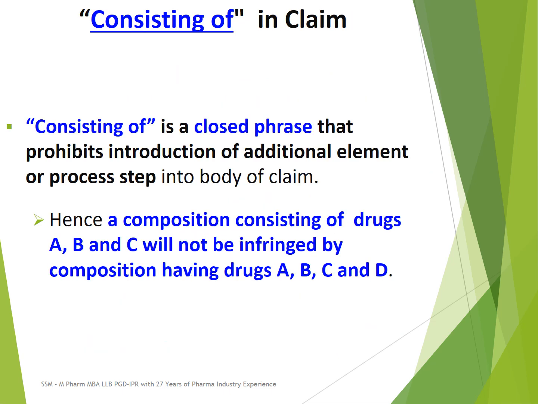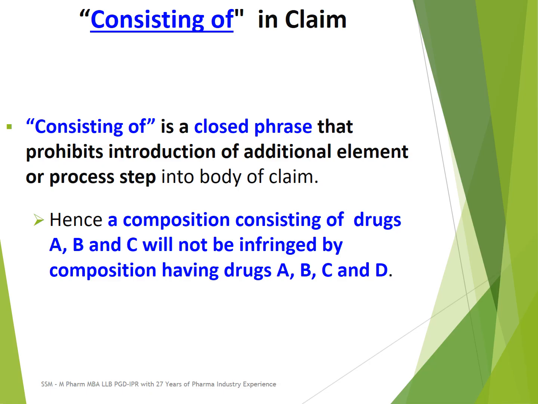Coming to the term "consisting of". Consisting of is a closed phrase that prohibits introduction of an additional element or process step into the body of the claim. Let us understand with an example again.